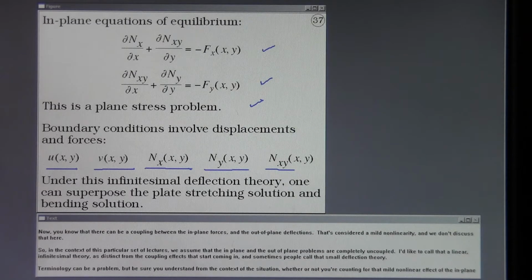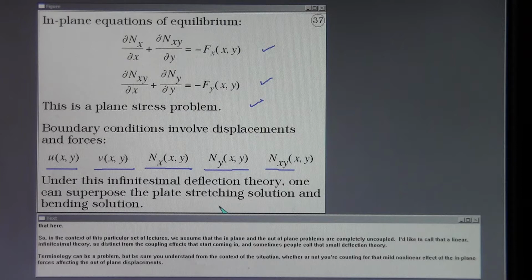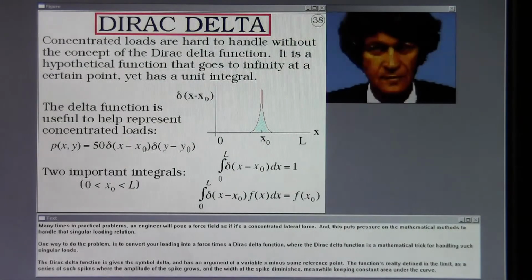I'd like to call that a linear infinitesimal theory, as distinct from the coupling effects that start coming in, and sometimes people call that small deflection theory. Terminology can be a problem, but be sure you understand from the context of the situation whether or not you're accounting for that mild nonlinear effect of the in-plane forces affecting the out-of-plane displacements.